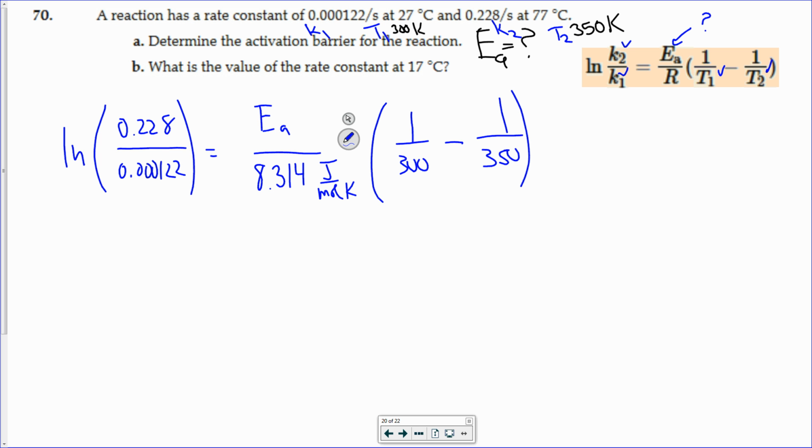So the only thing left in that is E sub A. It's just cranking through the math to get the answer.